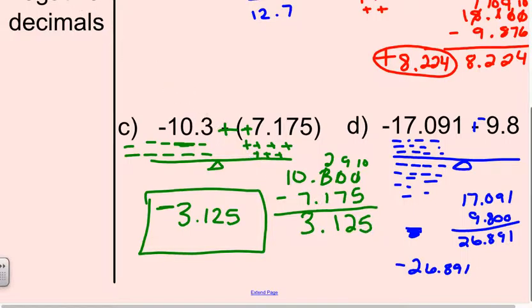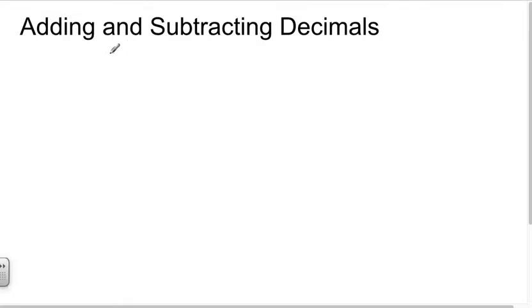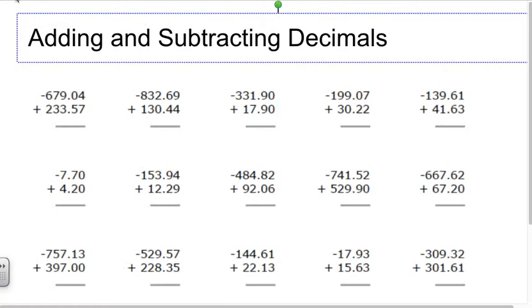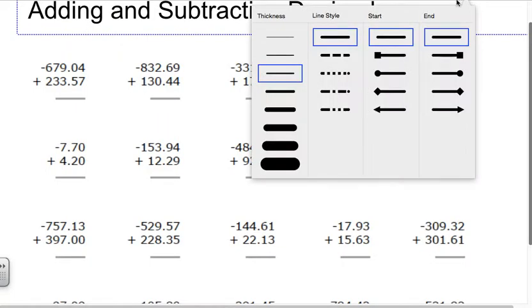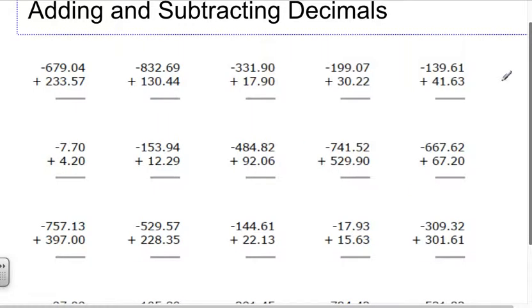All right, as I promised, I want to continue doing some more adding and subtracting decimal problems. So I just have a list of them here. I have 15 problems. I am going to do half of them adding and half of them subtracting. So I'm going to very quickly change this up a little bit.